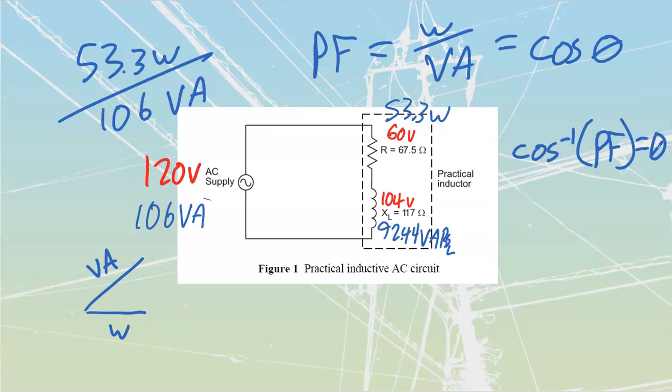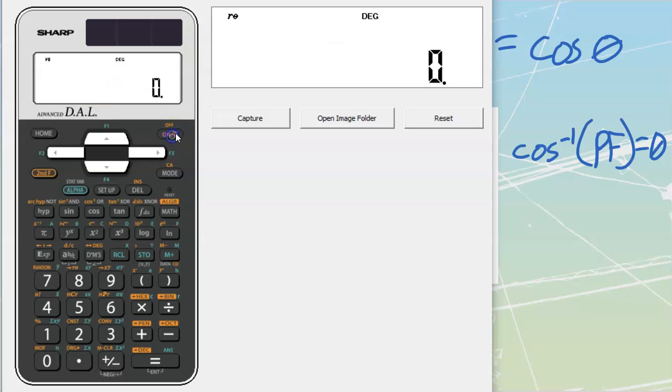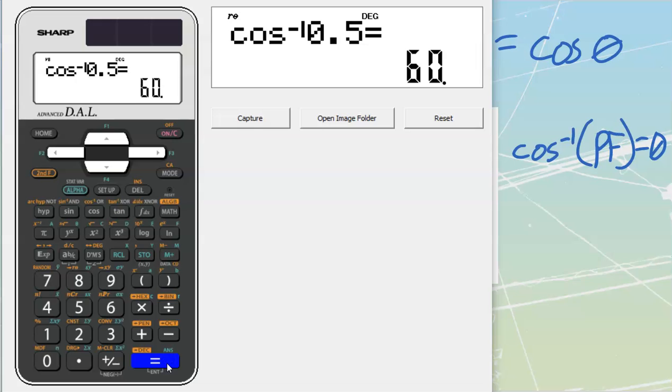Let's try it. We got a 50% power factor. So inverse cosine of 0.5, my 50% power factor, is equal to, would you look at that, 60 full degrees for this one. Lovely. Okay, that is power factor.